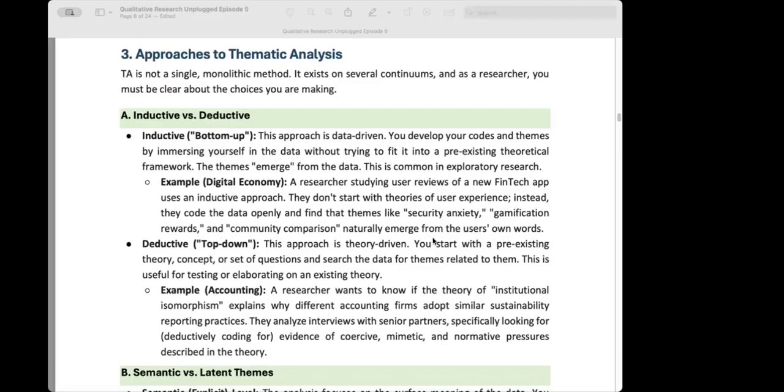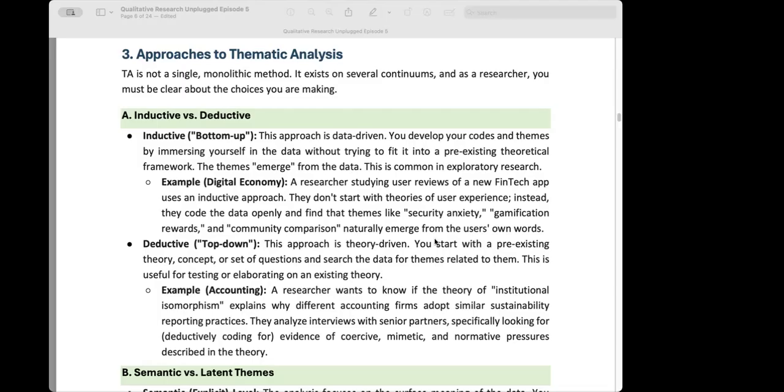Conversely, the deductive approach, often called top-down, is theory-driven. Here you begin with a pre-existing theory, maybe a specific concept, or a set of questions derived directly from existing literature. You then systematically search the data specifically for themes and instances related to those established ideas. So you're looking for something specific based on theory. You are. It's incredibly useful for testing, elaborating on, or perhaps applying an existing theoretical framework to new empirical data.